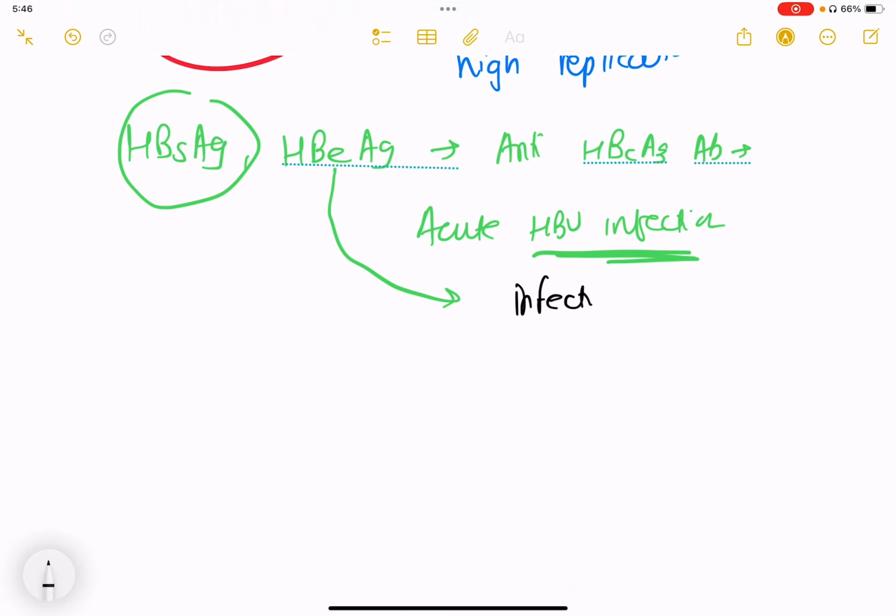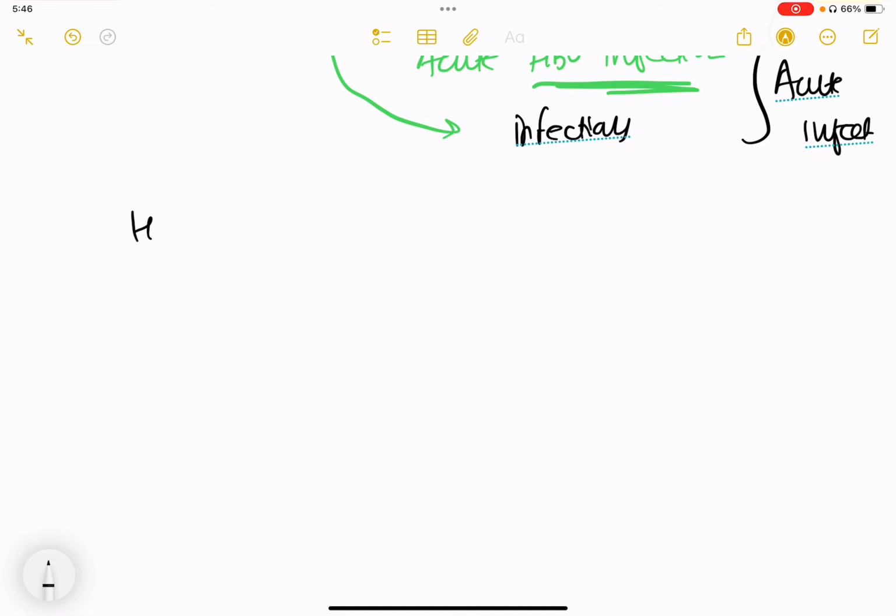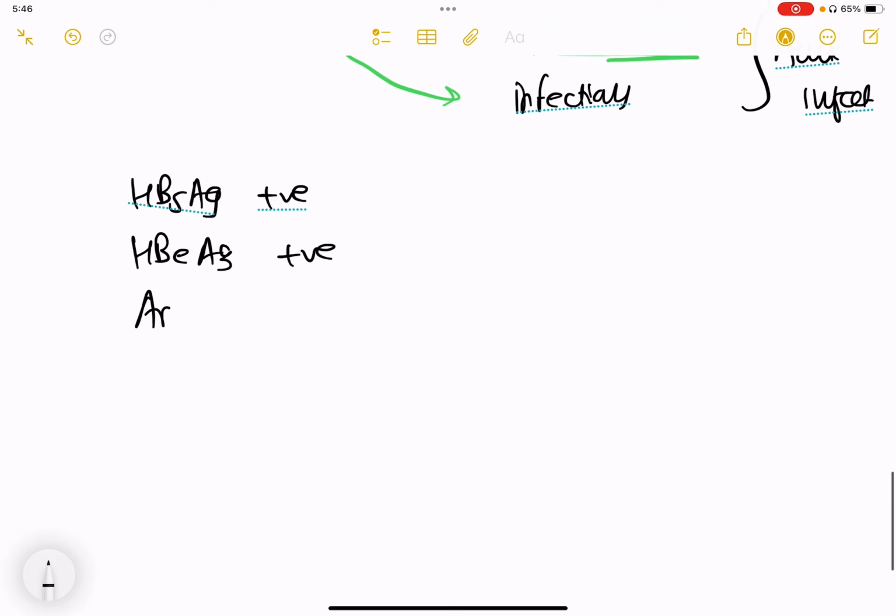Very simple. Second thing, suppose the patient's surface antigen is positive, means the patient is infected. The patient's hepatitis E antigen is also positive, it means infectivity is there. And if the patient has anti-HBc antibody, if it is IgG, what does it mean?